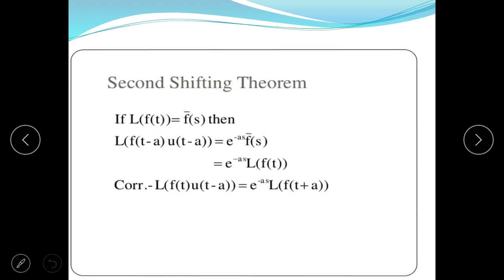Next is the second shift theorem. What is the second shift theorem? According to this theorem, if Laplace of function f(t) is equal to F bar(s), then the Laplace transform of f(t minus a) u(t minus a) is equal to e power minus as F bar(s), or e power minus as Laplace of f(t).